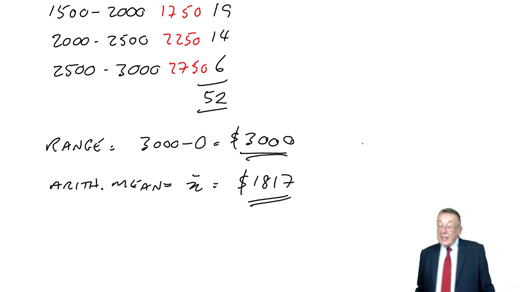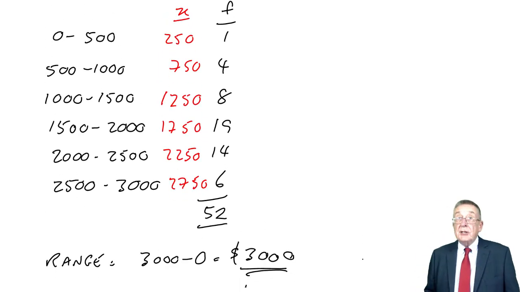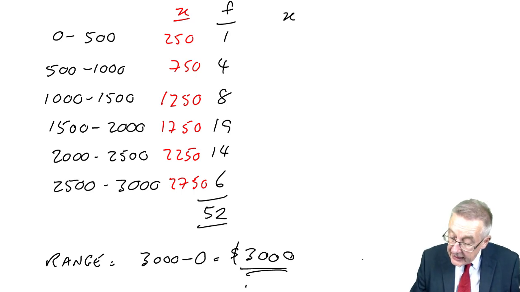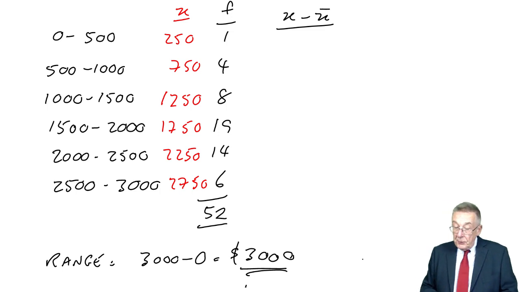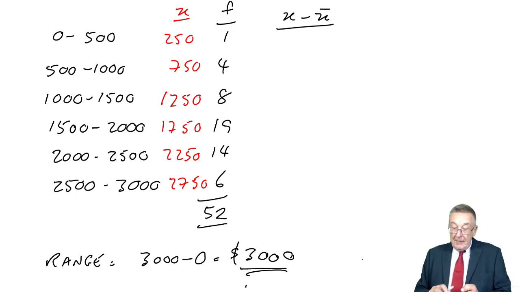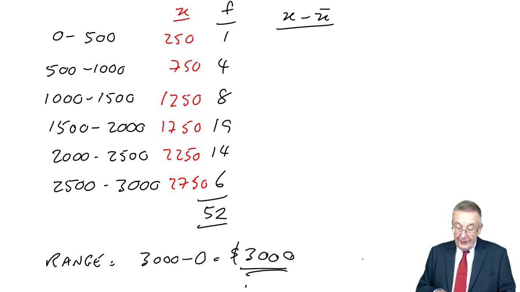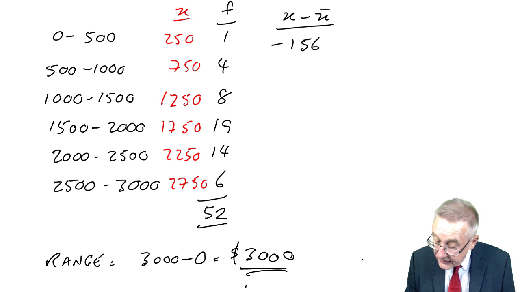And so now let's work out the variance. Using the midpoint to represent the range, the difference between the observations and the average. So 250 minus 1817 is minus 1567.